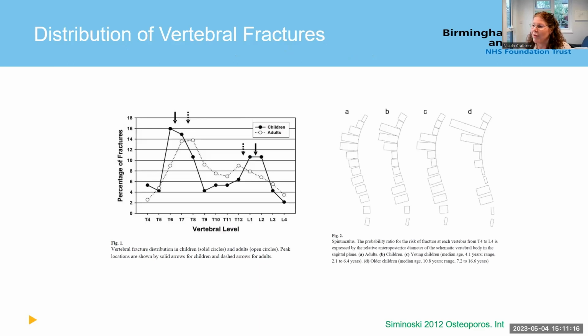This distribution of vertebral fractures is similar in children, shown here with the dotted line, and in adults. It shifts slightly, and that's believed to be related to the biomechanics of the spine and the changing lordosis and scoliosis. But the greatest propensity to fracture is in the thoracic region. So it's the region that we really need to see most clearly, but on the radiograph it's where we're least able to visualize.